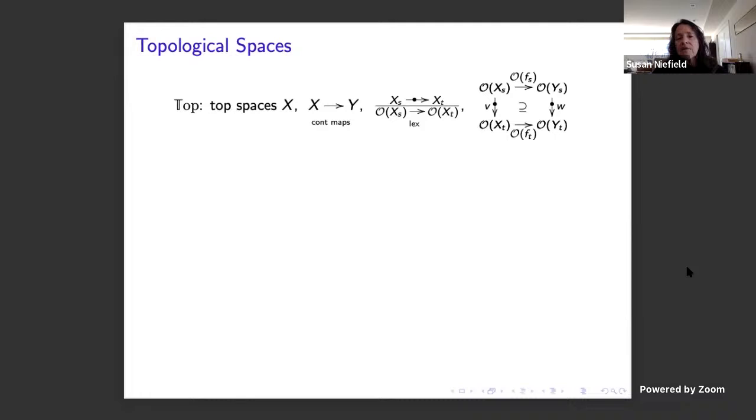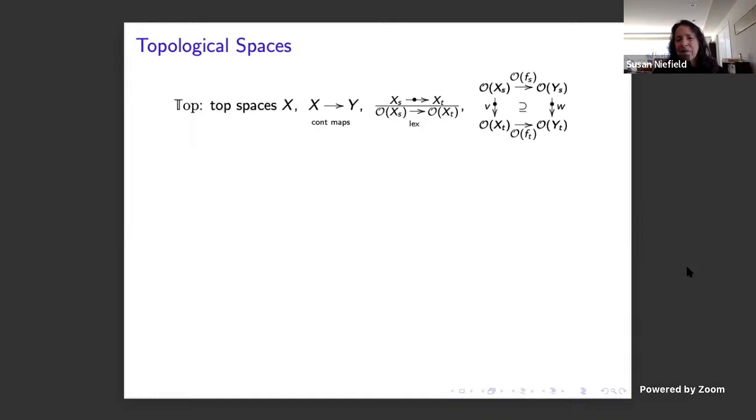So a vertical morphism from X sub S to X sub T is a left exact map from the open subsets of X sub S to the open subsets of X sub T. And left exact means finite intersection preserving, including the empty one, so including the top. And a cell, I'm going to read this a little differently, because if you have a continuous map, what's more recognizable is the inverse image.